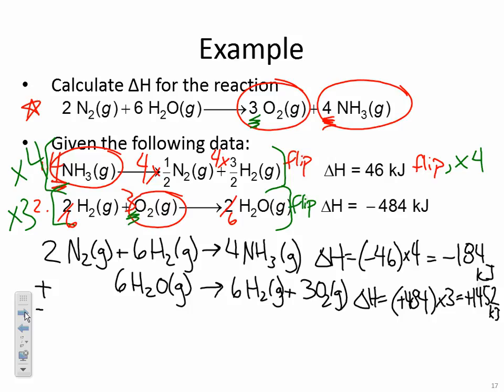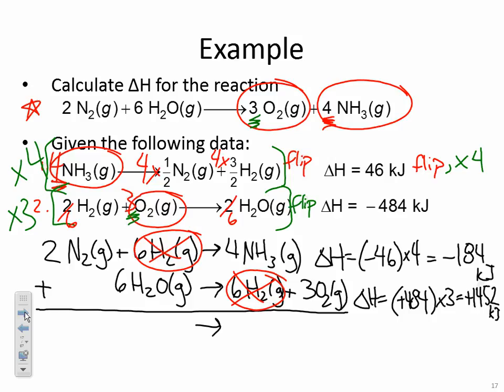If we have manipulated these correctly, when we add the reactions together, we're going to get the reaction that we want, the 2N2 plus 6H2O. So I'm going to add these together and see if I've manipulated them correctly, crossing out anything that is the same on both sides of the arrow. Well, I immediately see that we've got 6H2 here and 6H2 here, so that goes away.